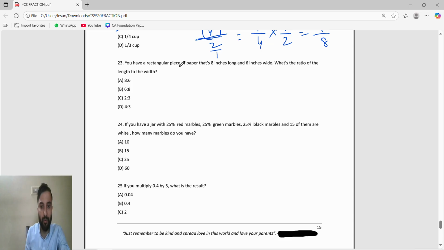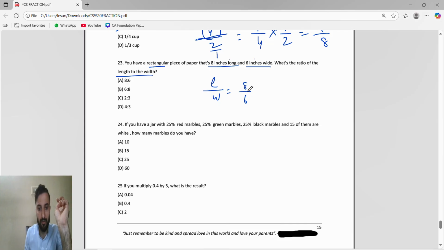You have a rectangular piece of paper, 8 inches long, means length is 8 inches, and 6 inches wide, breadth is 6 inches. What is the ratio of length to width? We have to find the ratio of length to width. The length is 8 is to 6.